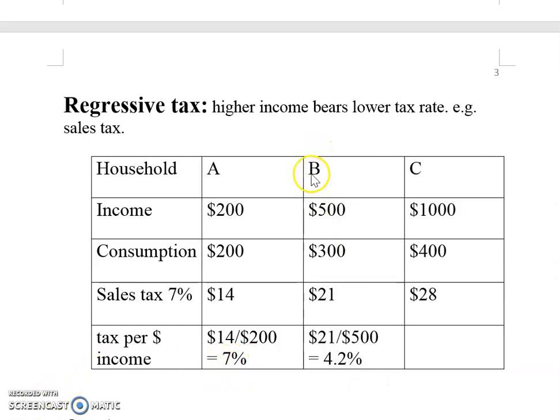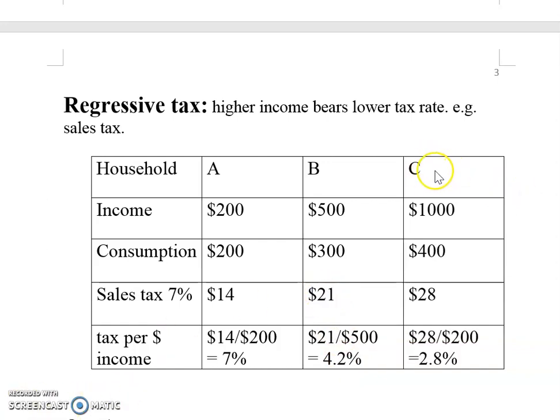How about B? B pays $21. B's income is $500. So tax per dollar is 21 divided by 500. That is 4.2%. Meaning that out of each dollar B earns, 4.2% goes to the sales tax.